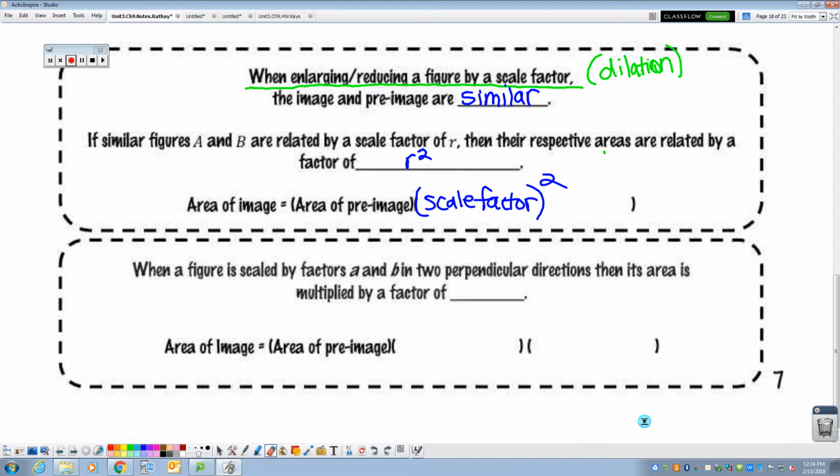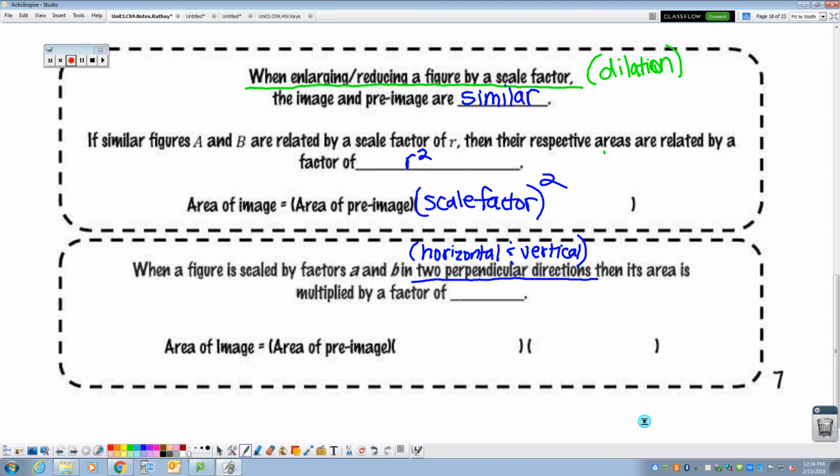Next, we're going to look at a stretch. So when a figure is scaled by factors A and B in 2 perpendicular directions, that phrase, 2 perpendicular directions, they're just saying we're stretching it horizontally and vertically. And we won't ever deal with stretches that aren't horizontal and vertical, aren't perpendicular to each other.